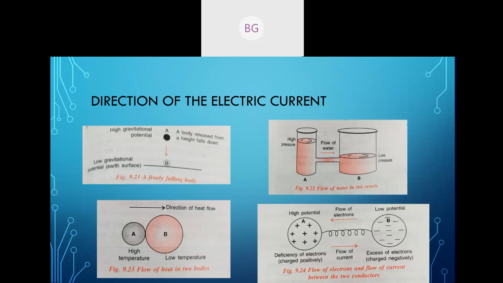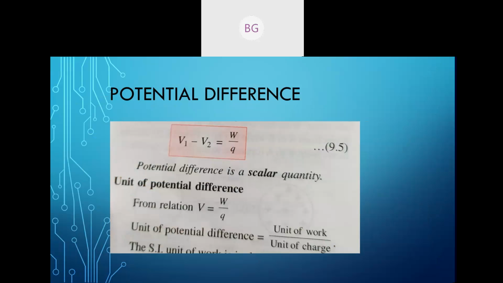So this difference in the concentration in current electricity is called potential difference. Here concentration is called potential, or voltage. Now in an electric circuit we have a positive terminal and a negative terminal.